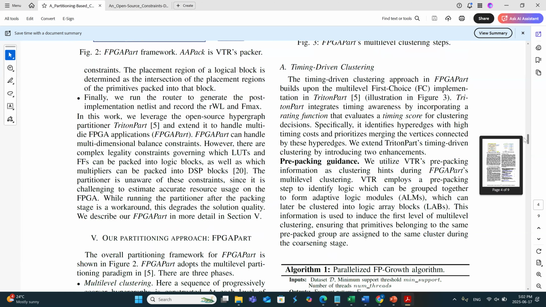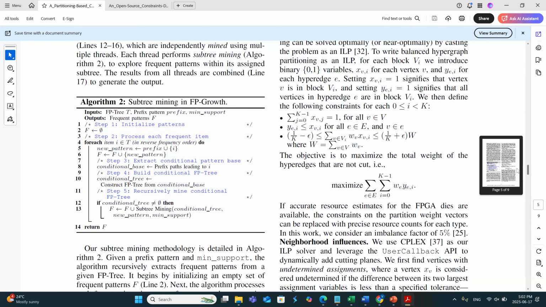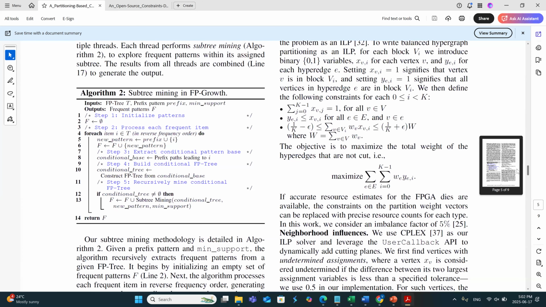And let's see. So this is the details of all that. This part I don't fully understand. I think this is a CPU time improvement. They call it FP growth. It looks like they basically try to find pattern matching, like group these things, so I'll pattern match so I can group them faster.